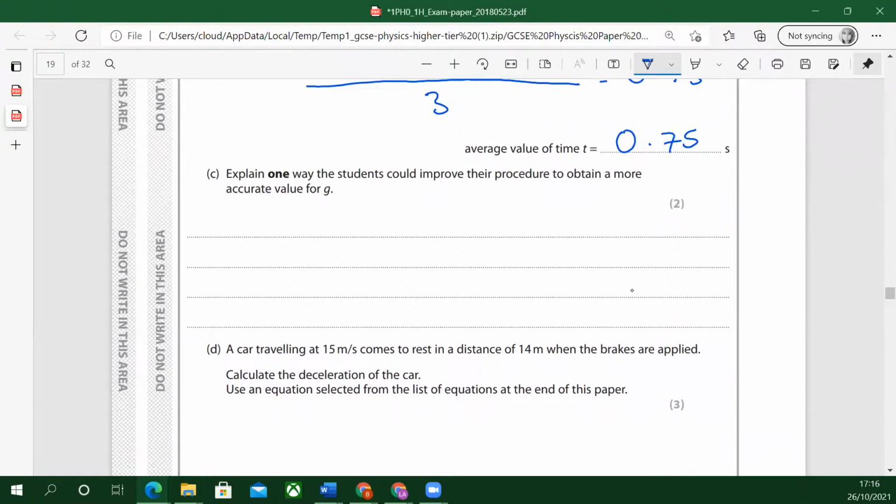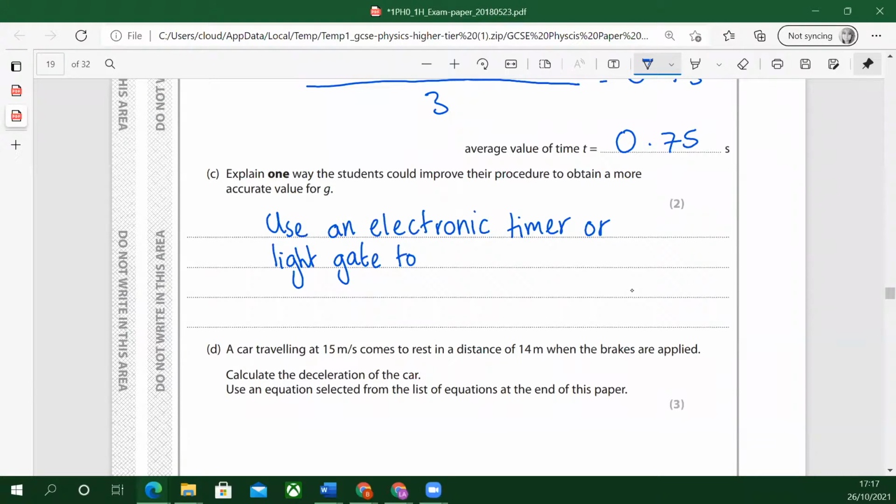Okay, so you could use an electronic timer or light gate, to eliminate, so it means get rid of, human error. So human reaction time, I'll say a bit more precise. Reaction time.